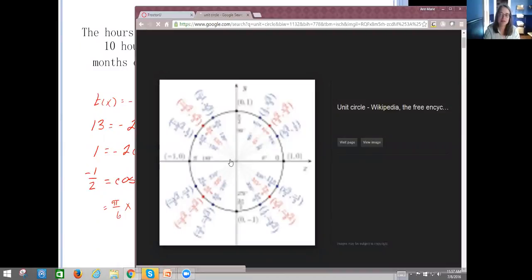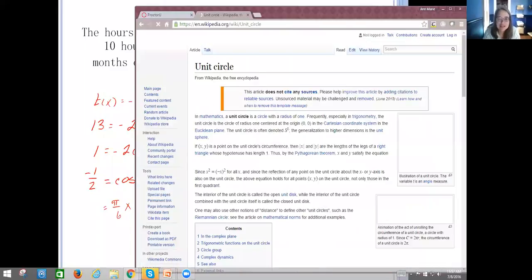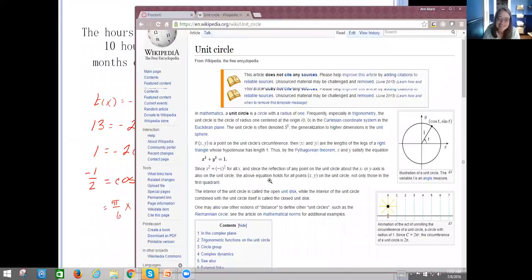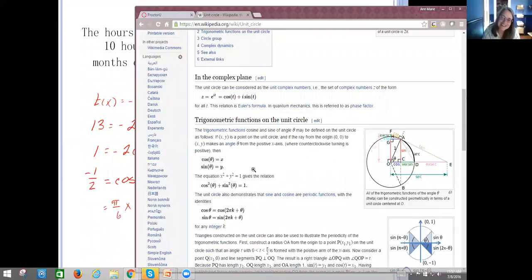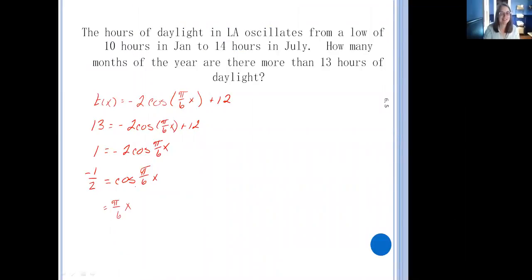Angles with cosine of -1/2 are 4 pi over 3 and 2 pi over 3.